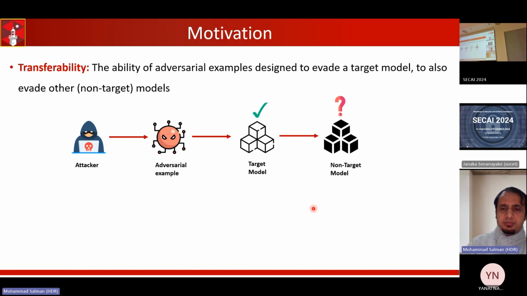Again, in the domain of image detection, the generation and transferability of adversarial attacks are well studied, and it's a well established fact that in the domain of images, transferability can occur. However, in the domain of malware, transferability is less explored, and there is a lack of consensus on the transferability of adversarial examples.